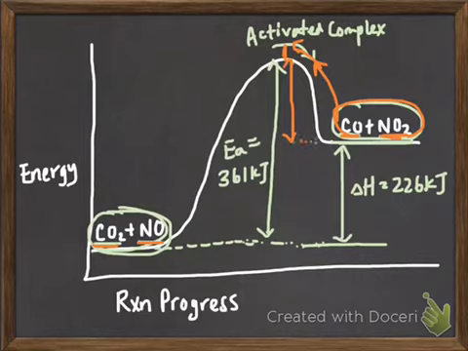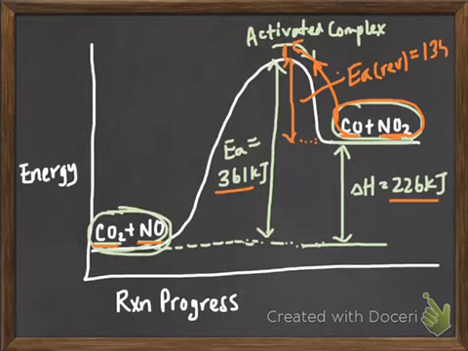So EA in the reverse direction is the difference between this value and my enthalpy value here. What is that? 361 minus 226. That gives me an EA reverse; I'll write it over here because I'm running out of space. EA reverse is 135 kilojoules. And look at your graph.